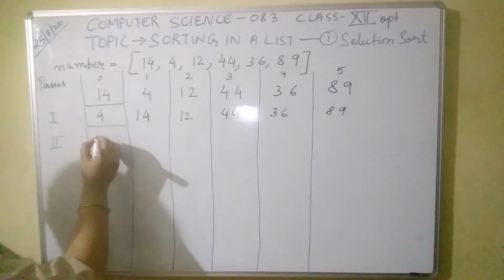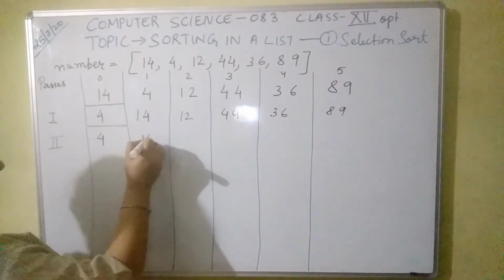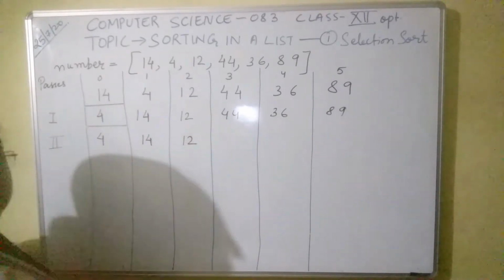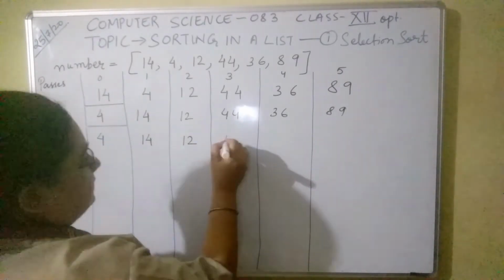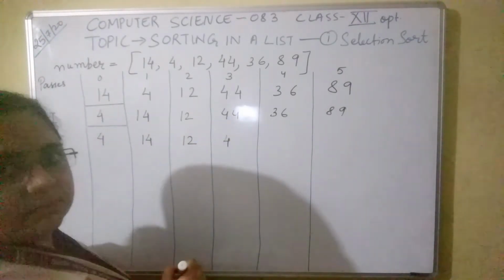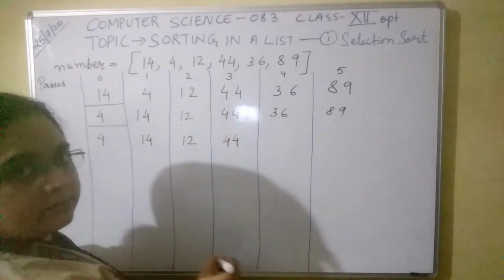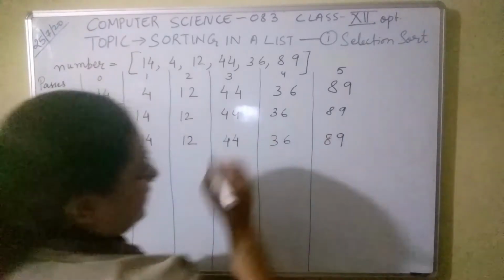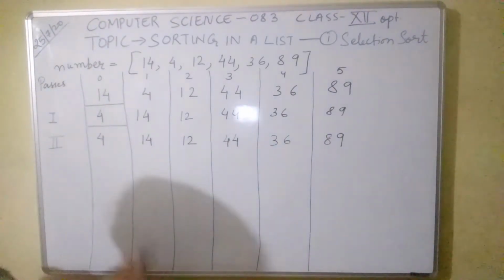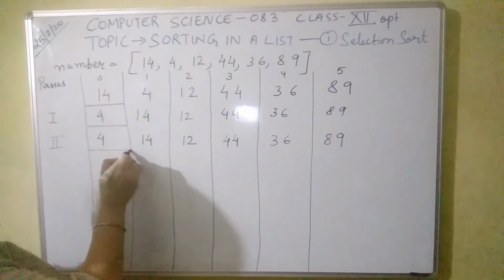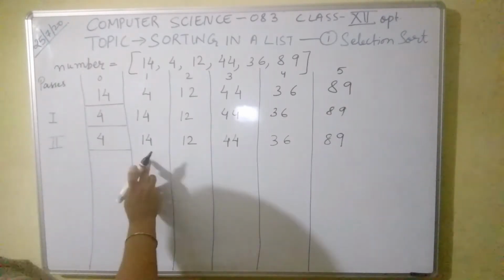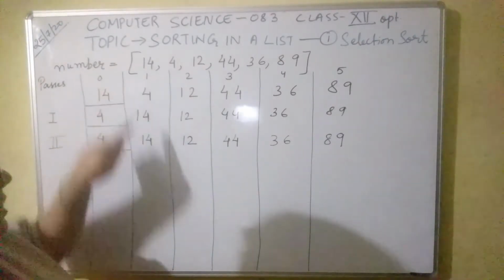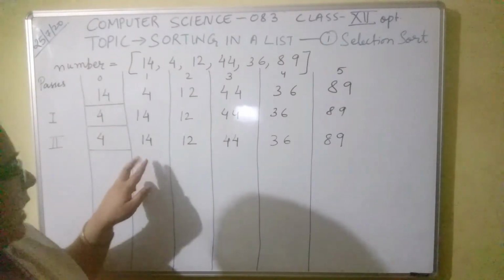In the second pass I am going to first write down the elements over here. I have written the elements like this, and now because 4 is already fixed, we are going to start from the second position, that is index 1.